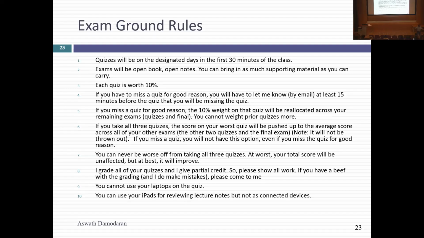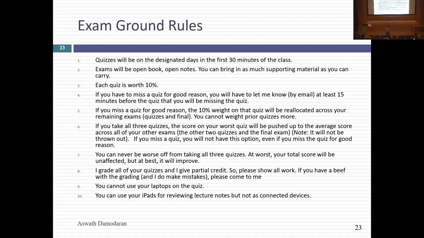I have no idea who's in the room or not. So they use this as an option. They take the quiz, they do badly, they put it into the backpack, and they say, I wasn't at the quiz. So to prevent that, you got to let me know before the quiz that you can't make it. And if you're not going to make it, I'd like you to at least make up a good reason. Humor me. I'm not going to ask you for a doctor's note, but say I'm sick as a dog. COVID is always good. Now I have COVID, and you might have three COVID episodes that match each quiz if that's what you need.